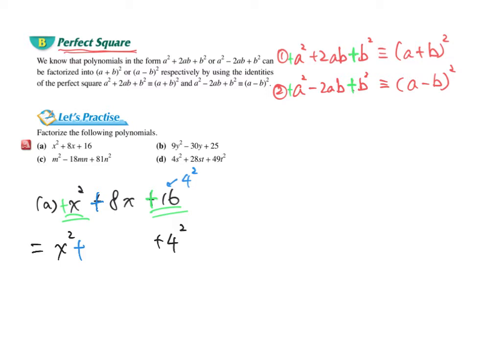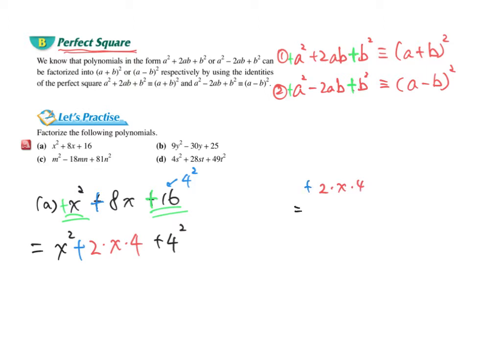And then the 8x we can divide as 2 times x times 4, because 2 times x times 4 is a plus, right?